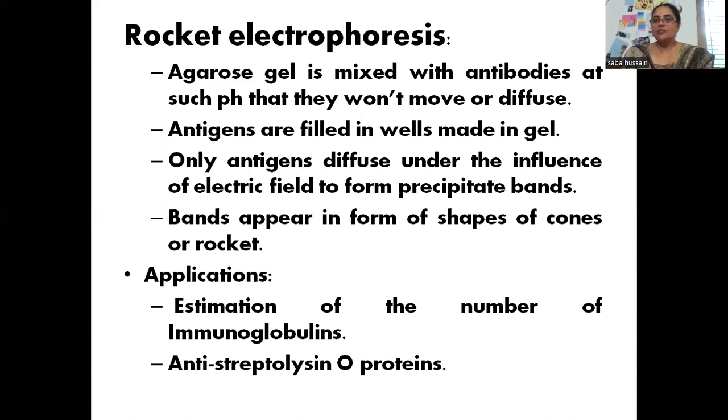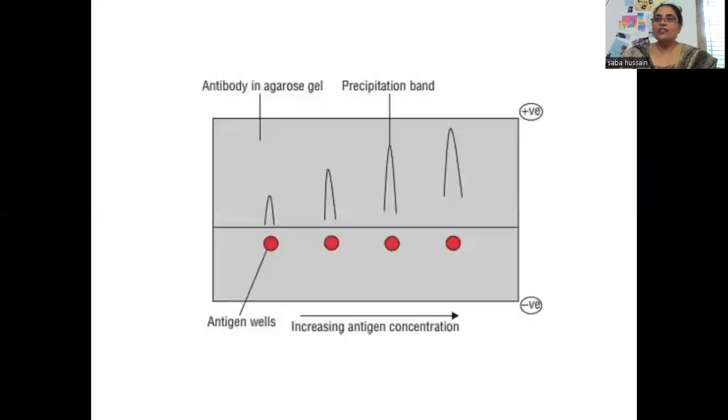This is done for estimation of the number of immunoglobulins. It is a quantitative analysis of different immunoglobulins, and also for anti-streptolysin O proteins. There are different applications also, but I have noted here only common ones.